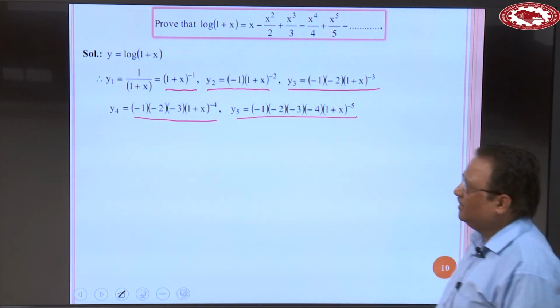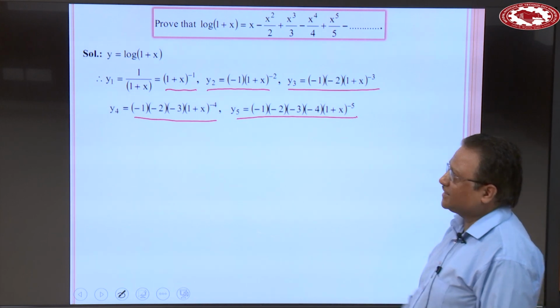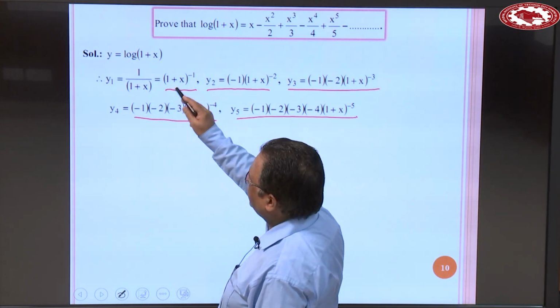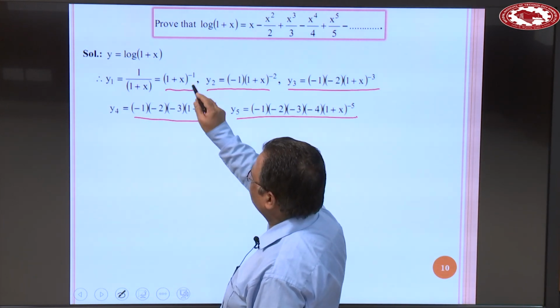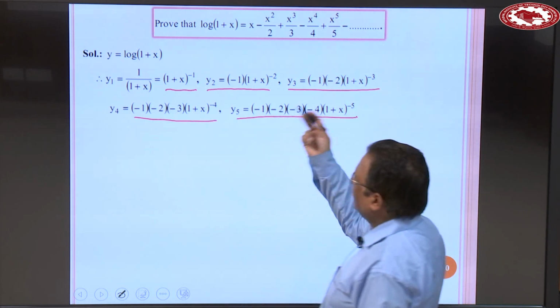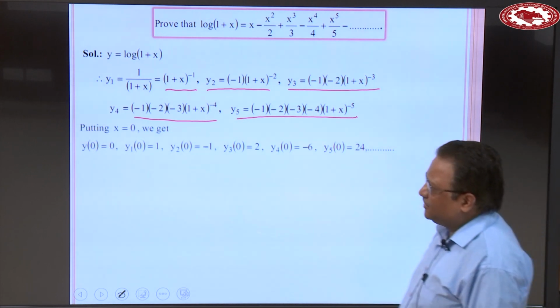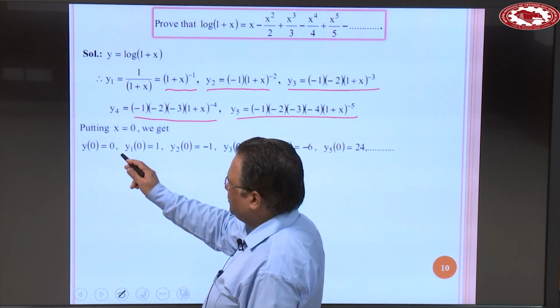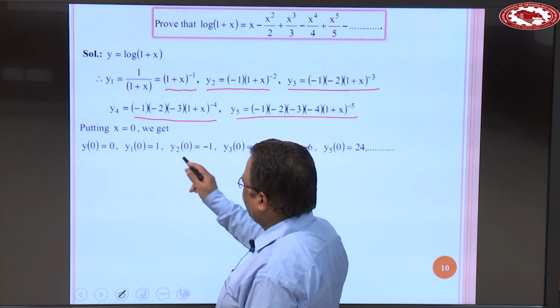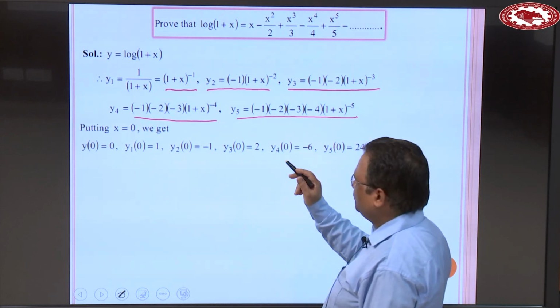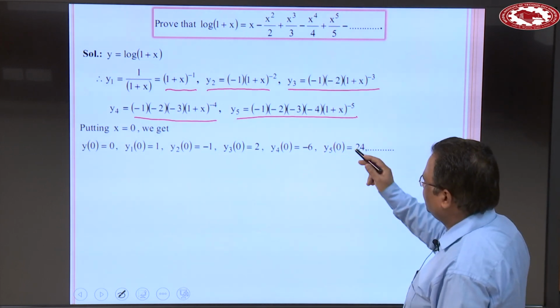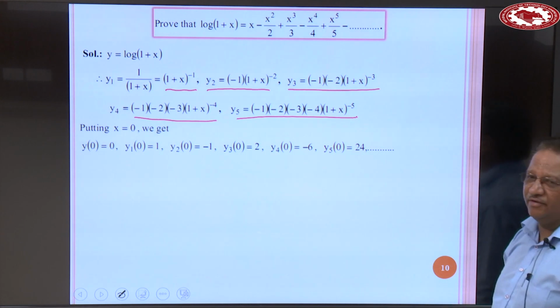Very simple. So first calculate the first derivative and write that derivative is equal to 1 plus x power minus 1. Then you can evaluate y2, y3, y4 and y5. Now put x equal to 0. We obtain y0 is 0, y1 0 is 1, y2 0 is minus 1, y3 0 is 2, y4 0 is minus 6, y5 0 is 24 and so on.